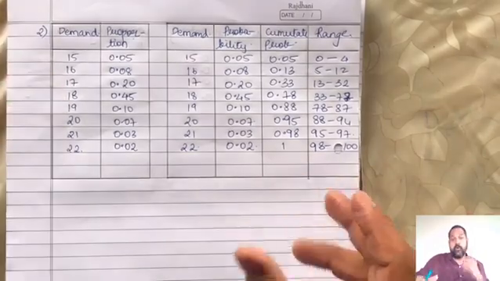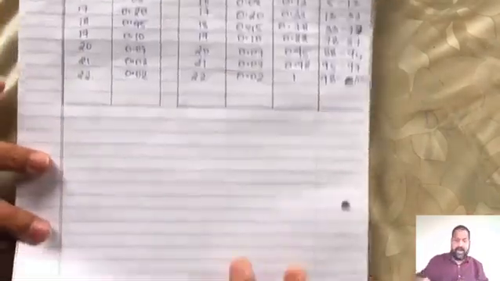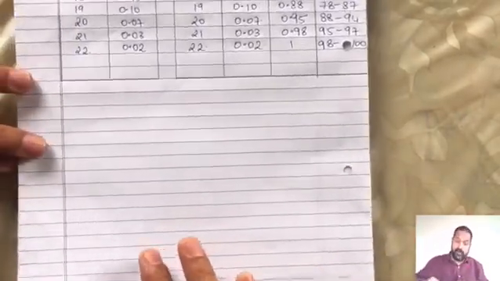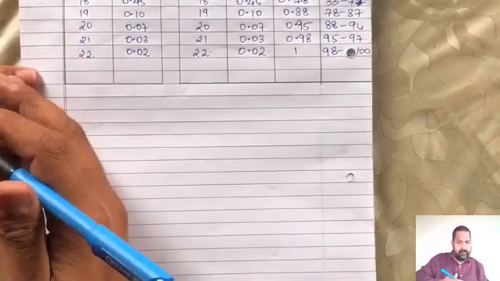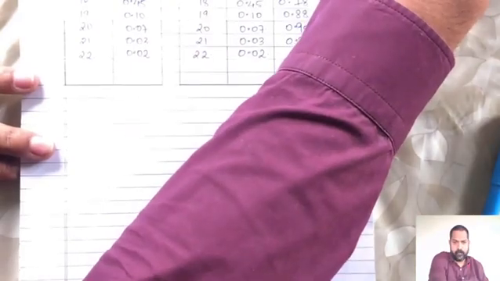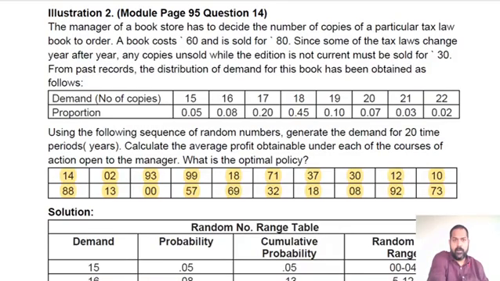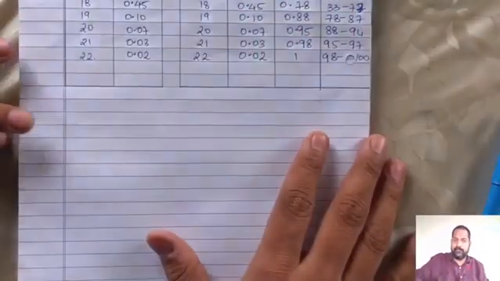Now I'm going to draw a new table, and in that new table I'm going to say this is yearly data. I think so. Let's check once again. Number of copies of a particular tax law book. Okay, it's a yearly tax law book. Basic common sense. I'm so sorry. So it's yearly data.